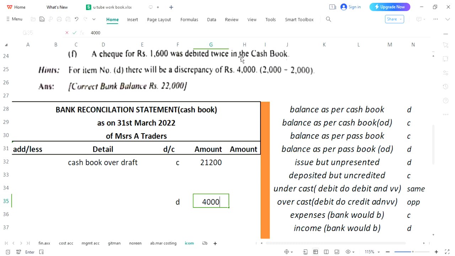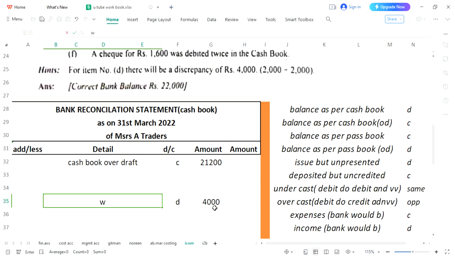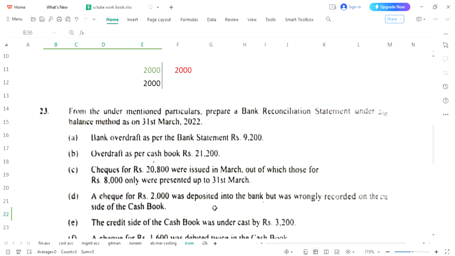There will be 4000, which is also a hint, but we have already understood it is 4000. So we have written debit 4000. Entered at wrong side. Please understand that was a double error.